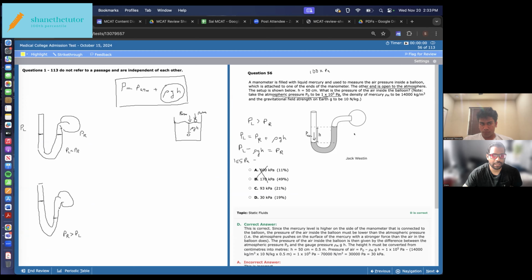The rho is 14,000 kilograms per cubic meter times g. What are we using for g? 10 newtons per kilogram. Now, is this the first time you've seen g with those units?